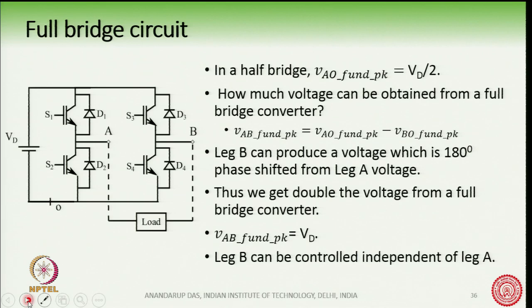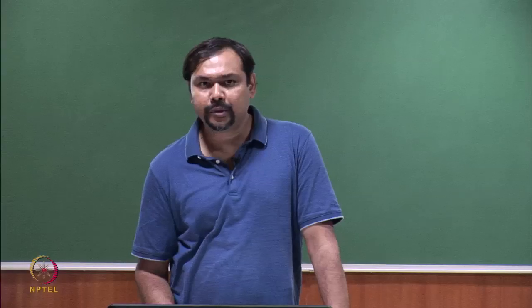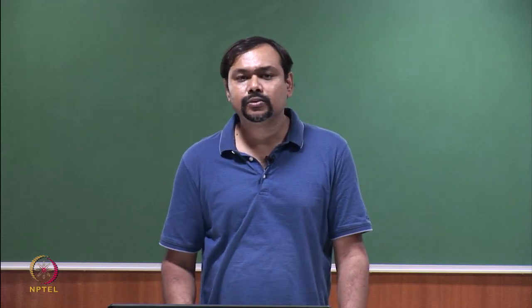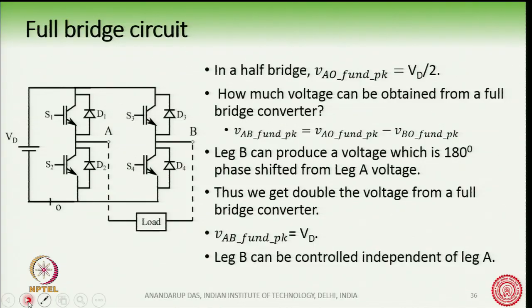Now, once we have understood the half bridge, let us now turn our attention to the full bridge circuit. Full bridge is nothing but an extension of half bridge. As I had told you, there are two switches here forming one leg of the converter, and you can see VAO voltage is present here.